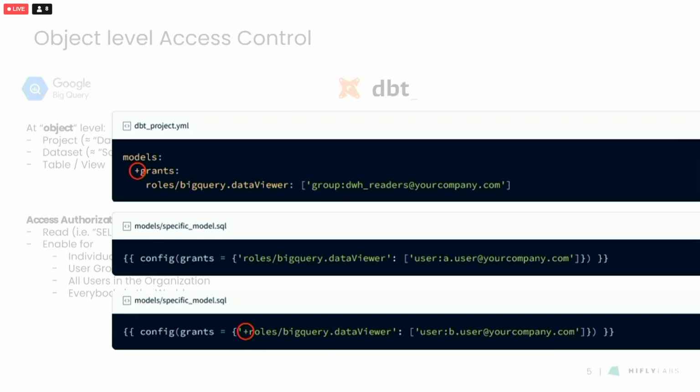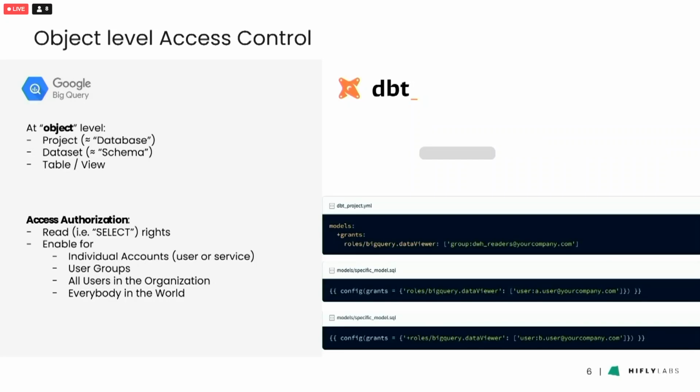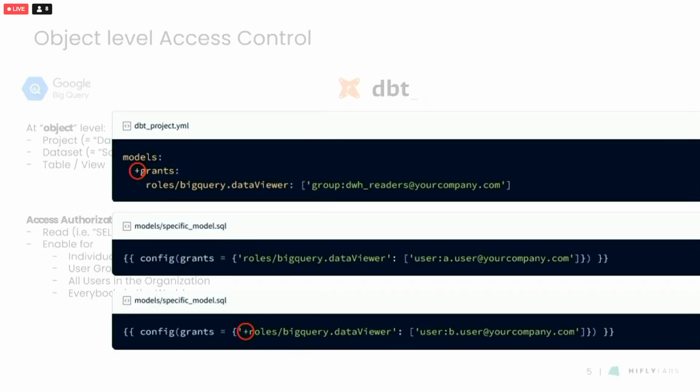And this last one, oh, sorry, this last one adds that one row to the existing ones. This is something that I'm pretty sure exists nowhere else in the DBT world, that plus. The other one is fairly standard. Okay, so that's object level.